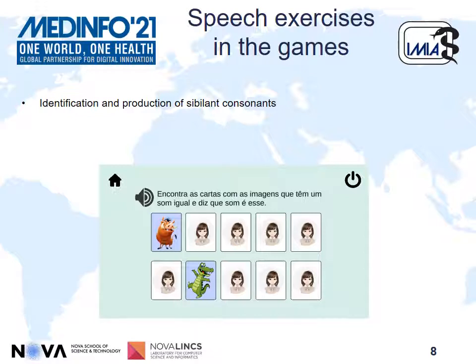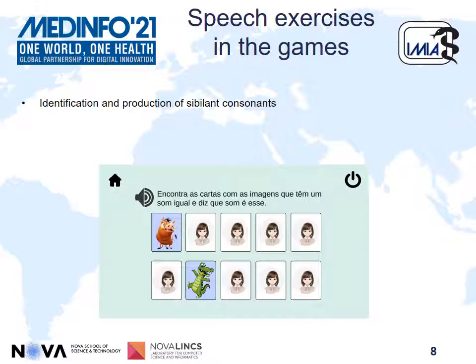And how do we adapt the exercise to the game? So, in the pairs game, what we do is that the child has to find pairs of cards with images that use the same sibilant sound. So instead of finding pairs of cards with the same image, they have to find pairs of cards whose images use the same sibilant sound.